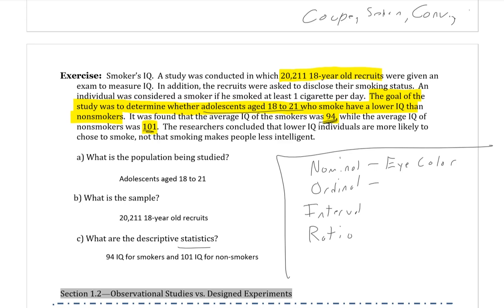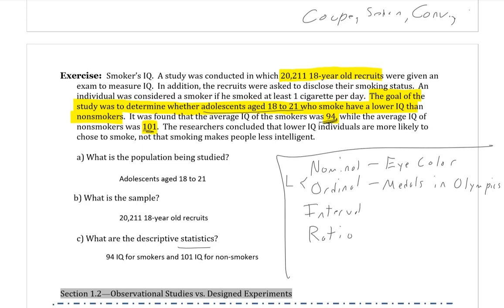Ordinal means that you have an inherent order between the measures, and both of these being qualitative. An example of this would be like medals in the Olympics. This would be typically considered ordinal because gold is better than silver, silver is better than bronze.